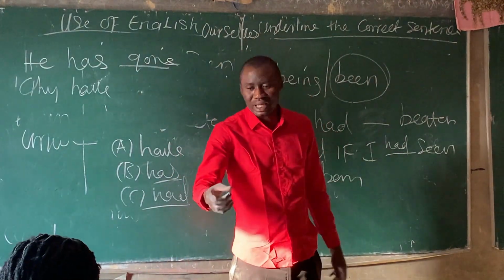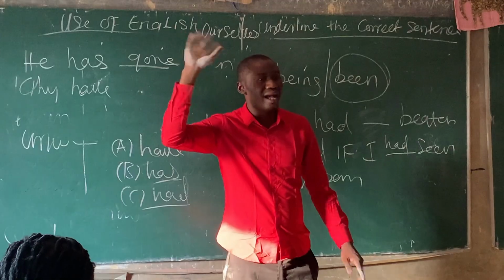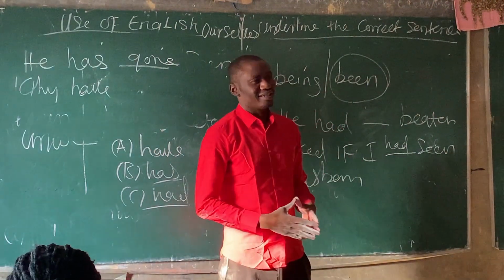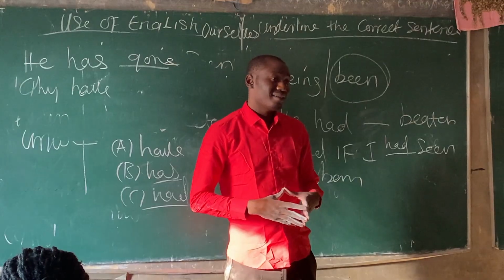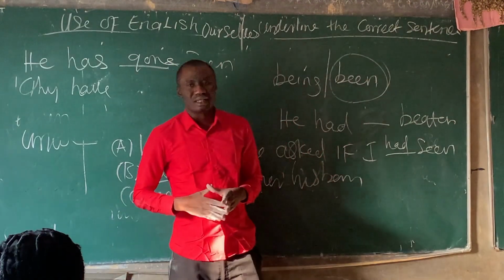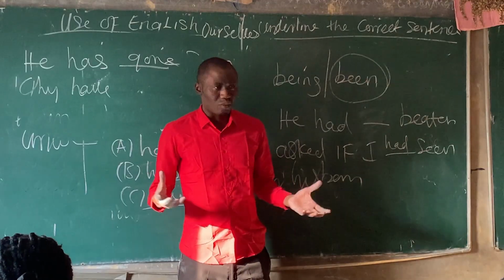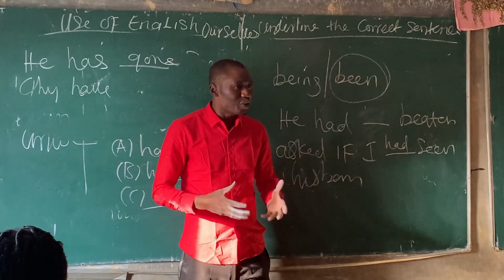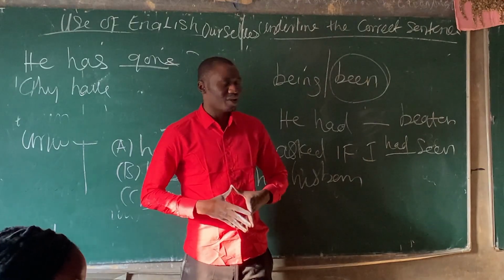Which person would choose A? If you choose A, say so. Now, why did you choose A? It makes sense to you. But English language is not about making sense of the rule. Do again. What do you choose? D. You are correct, but do you know why you chose D?